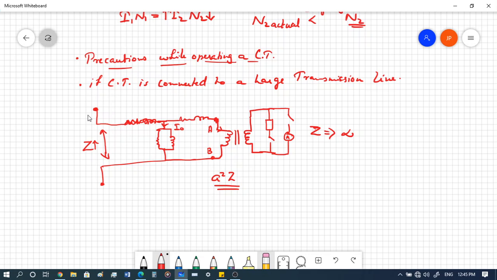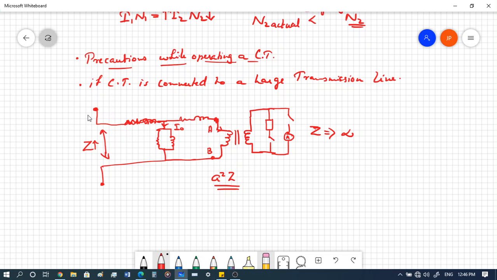The other case is that this could also lead to damaging of the CT, because since there is a high impedance and a high current that would flow, there will be heating in the primary side of the CT, and a high voltage also will appear across the primary side of the CT, which can destroy the instrument itself.